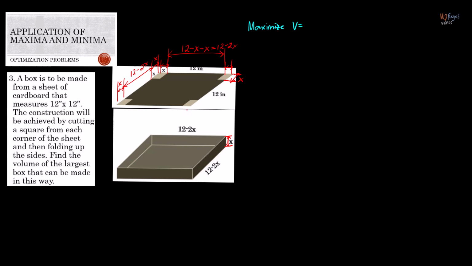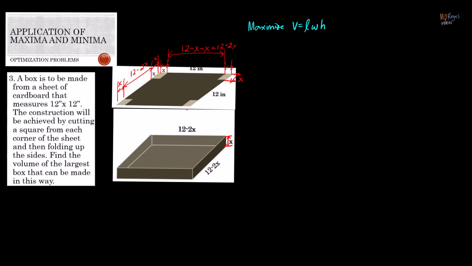Alright, now we have to identify the formula that we need to find the volume of this box. Since it's in the form of a rectangular prism, to find its volume, we just need to multiply its length and width and height. So V is just length times width times the height.